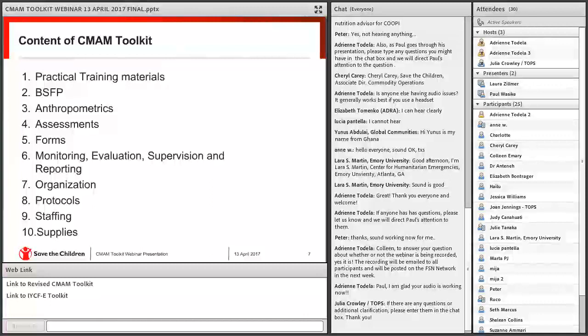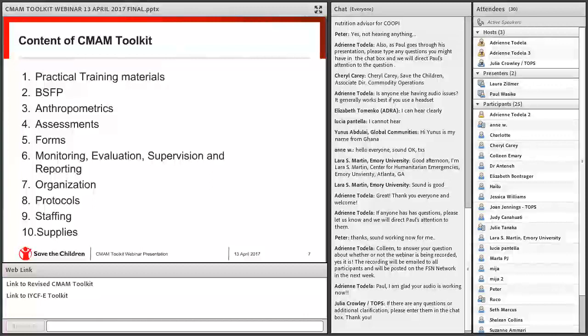Then staffing, just to guide putting together the human resource for CMAM programming, so different job descriptions. There's a little bit on the initial induction or sensitization that one may want to take them through, etc. Numbers that are needed for various components as well.